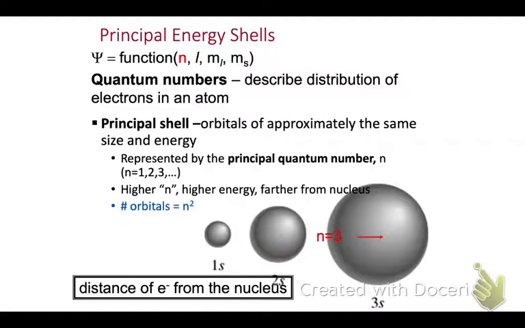And the last one is an s orbital located at n equals 3, and that's why we call it 3s. So the number at the beginning describes the principal quantum number. If you look at this picture, the nucleus is the same, it's the same atom. But if an electron is in this orbital, it's very close to the nucleus. This is further away from the nucleus, and this is even further away.